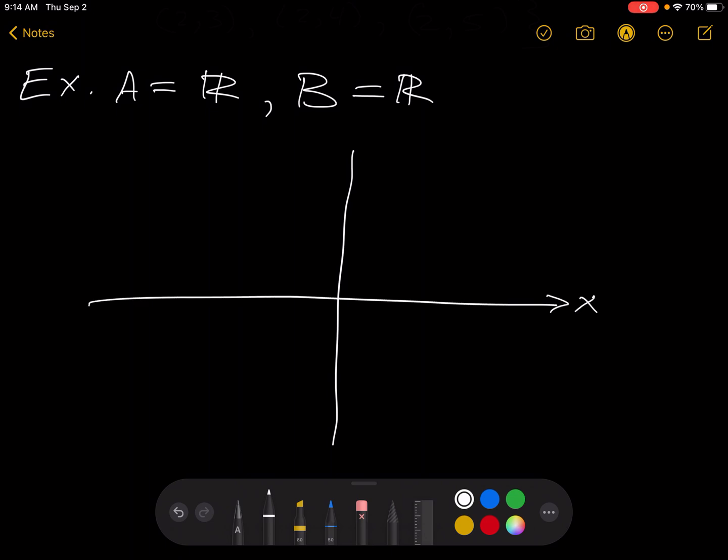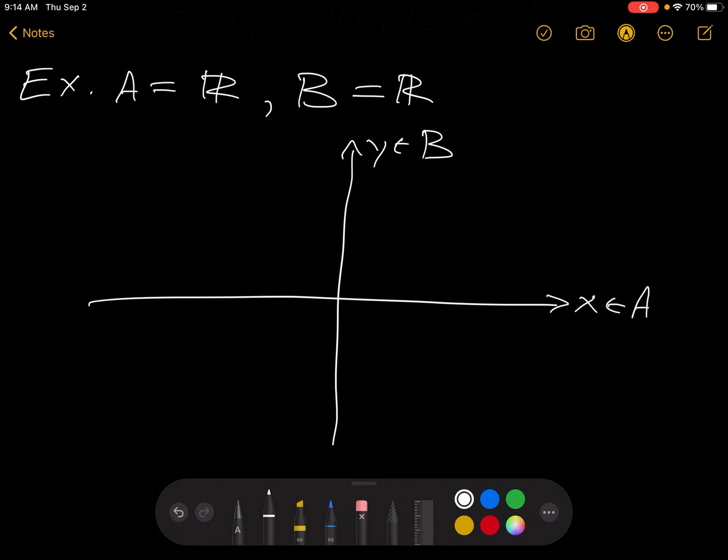X and Y. So when we write X here, what we really mean is this is all of the X's in A, and Y is all of the Y's in B. The xy plane, and think about it here, all of these points, right?